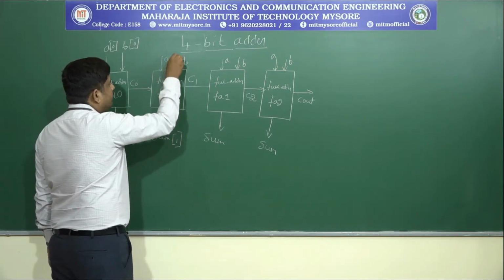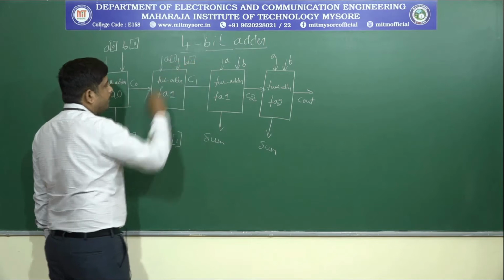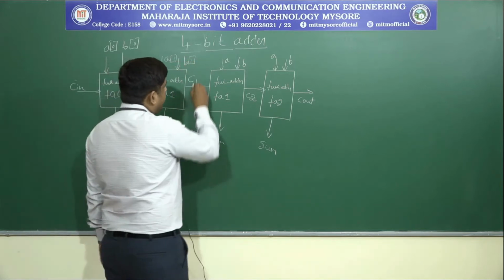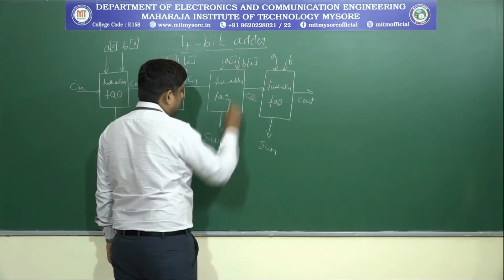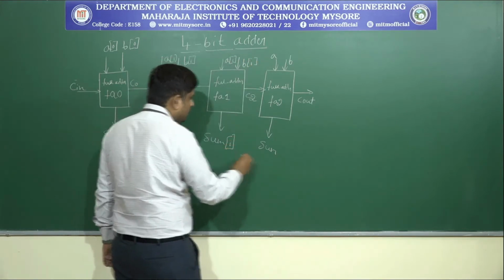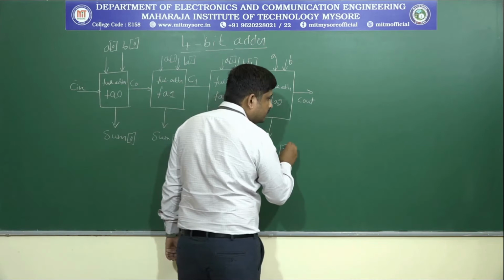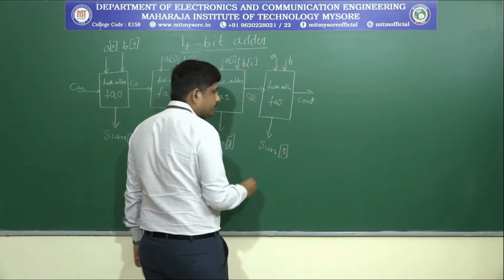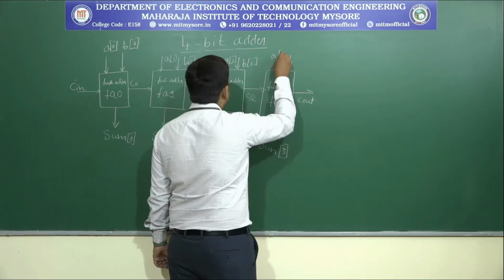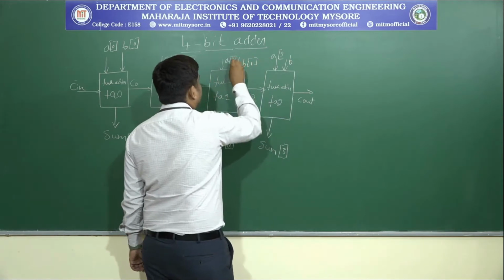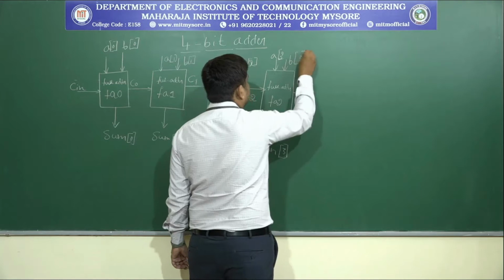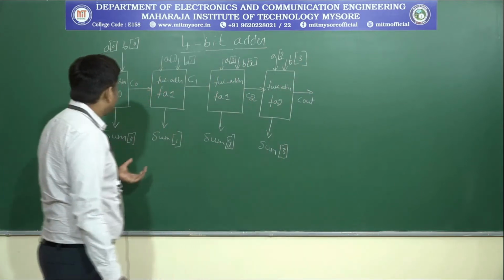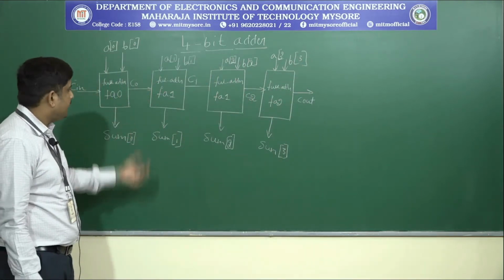This one has A1 and B1, then the sum 1, then sum 3. Then A2, B3. So this is the block diagram for a 4-bit adder circuit.